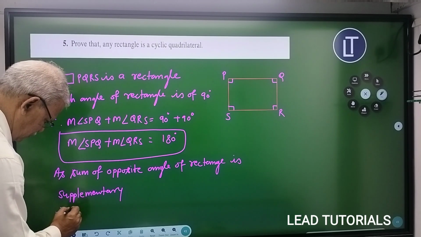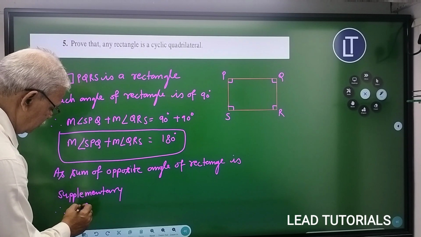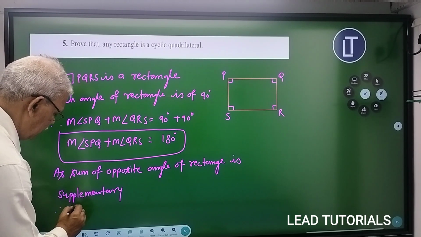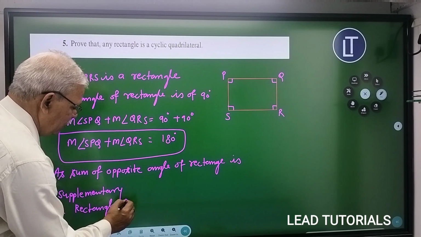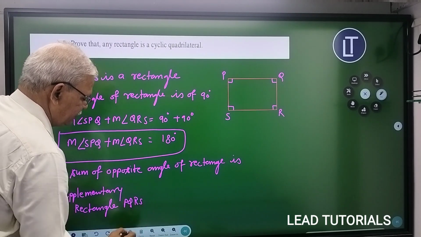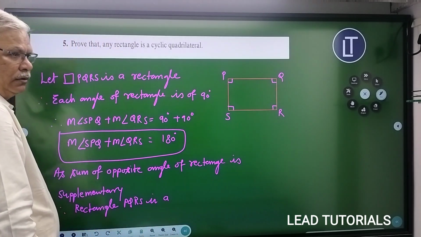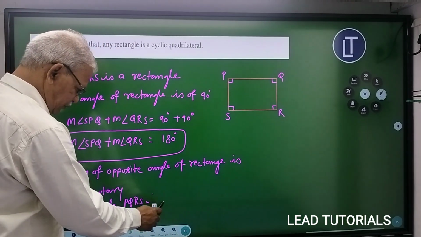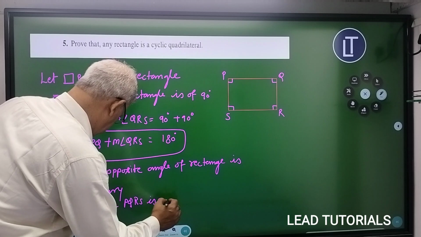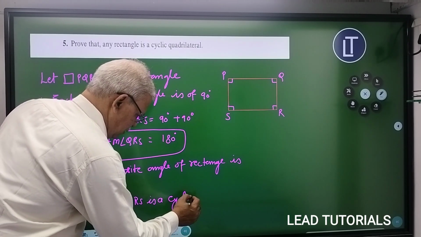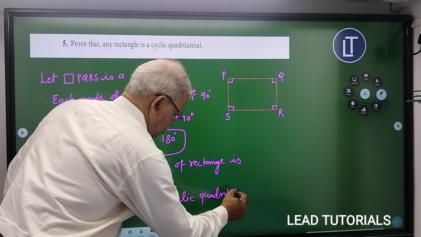Therefore, rectangle PQRS is a cyclic quadrilateral.